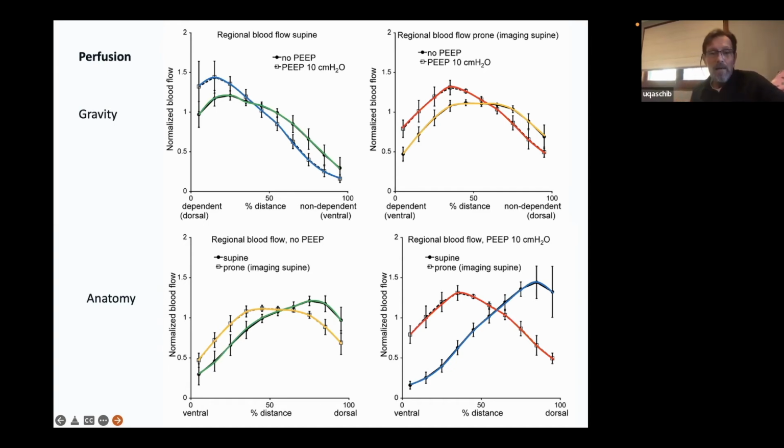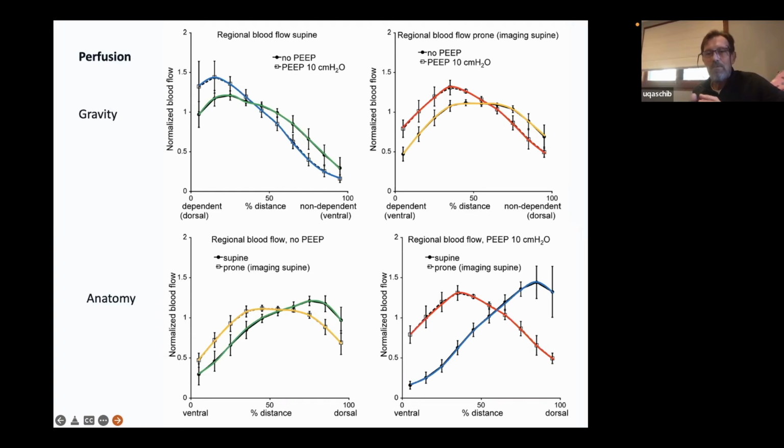I'm not going too much into the lower two graphs. You can make your own assumptions if you look at these different regional perfusion images. But quite interesting, if you carefully watch the right lower blue graph and compare it to the left upper blue graph, they are just mirror images.